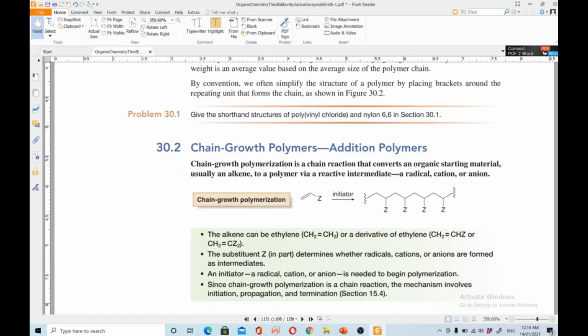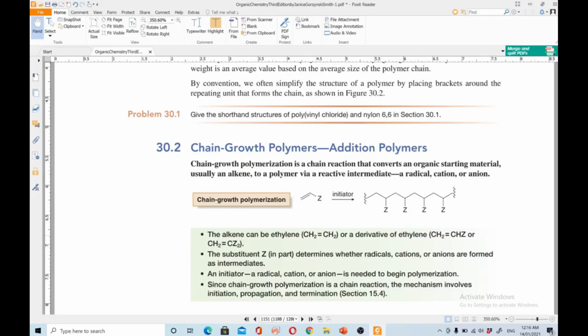Now let's discuss chain growth polymers, or addition polymers. Chain growth polymerization is a chain reaction that converts an organic starting material, usually an alkene, to a polymer via a reactive intermediate: a radical, cation or anion. So chain growth polymerization starts with an alkene in the presence of an initiator and it gives you the polymeric compound.